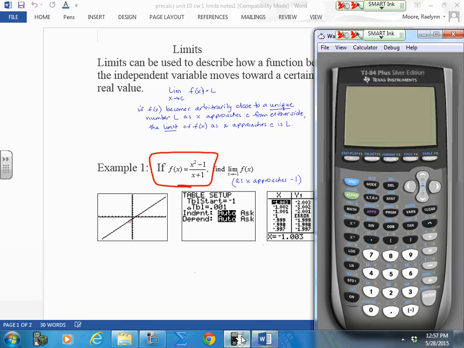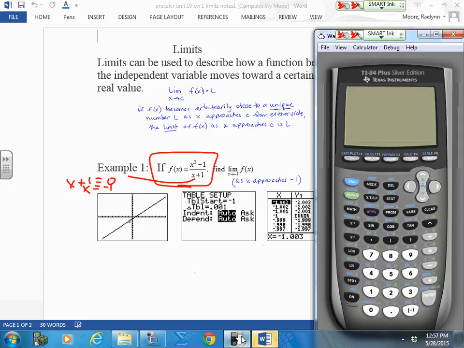Is there any value of x that I cannot use? No. Wait, -1? Why? Because that's an asymptote. No, it's a domain restriction. If we set this to 0 when x is -1, you're going to get an error, right? Your calculator should say error.